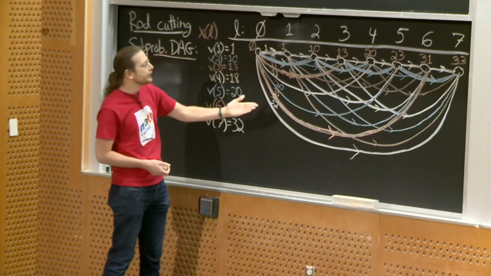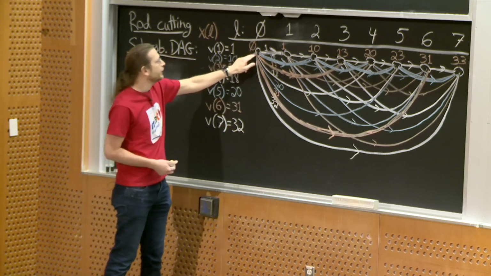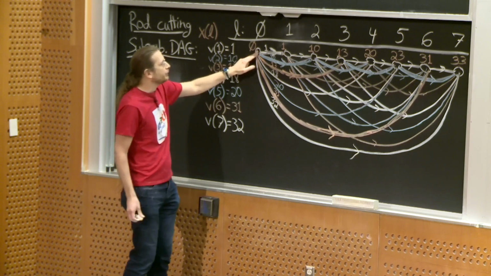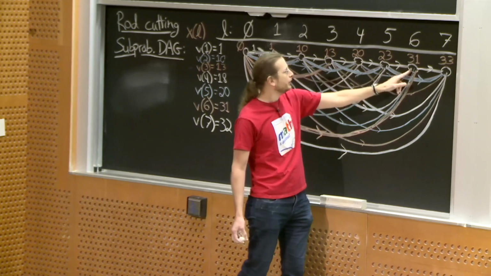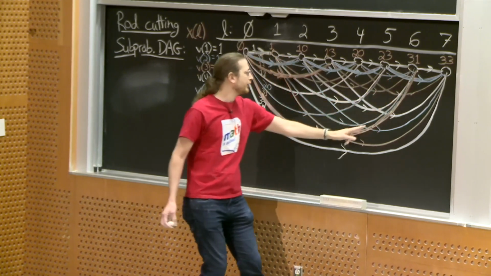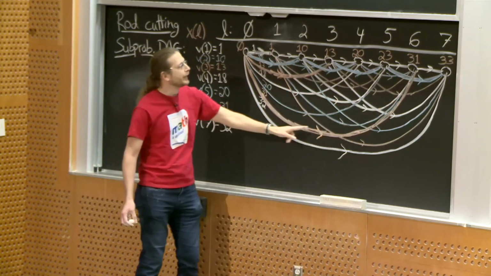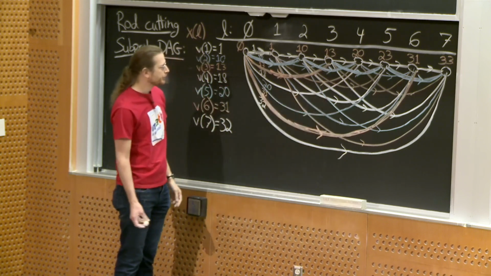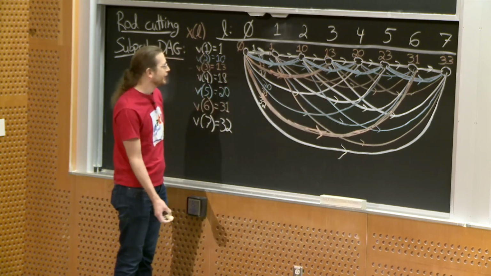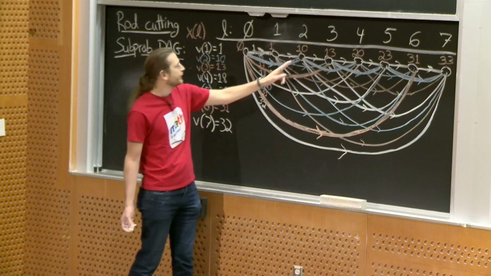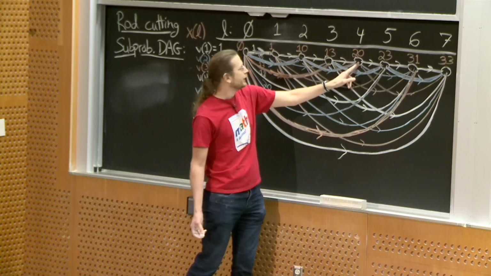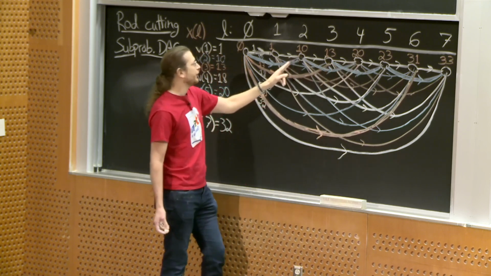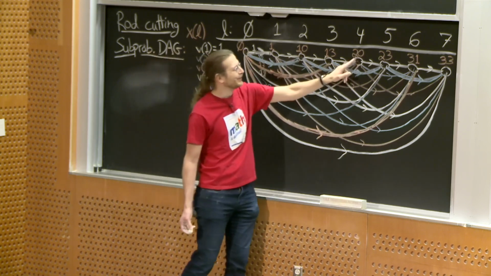But I've drawn here the shortest path tree from the base case. So it actually tells us that if we had a rod of length 7, the best thing to do is to sell it directly for 31. The bold lines here are the shortest path tree, or the longest path tree, I guess. And if we had something of length 10, we should sell it directly. If we have something of length 20, we should sell one thing of length 2 and another thing of length 4.